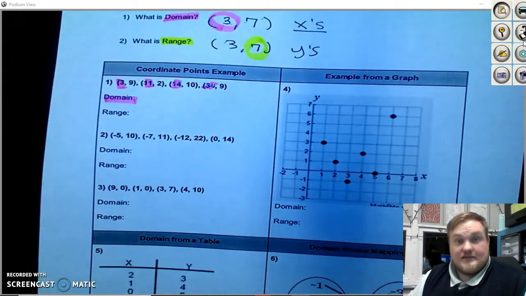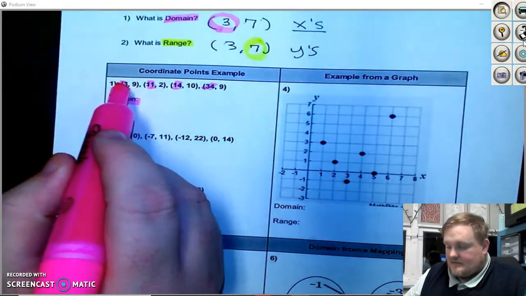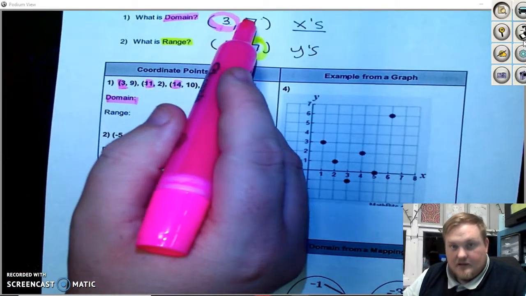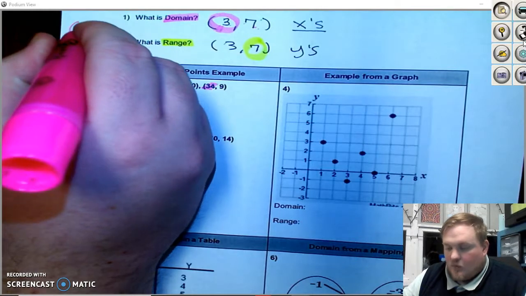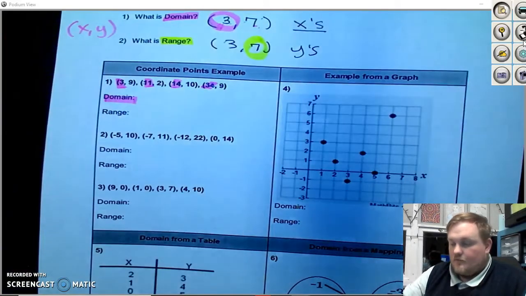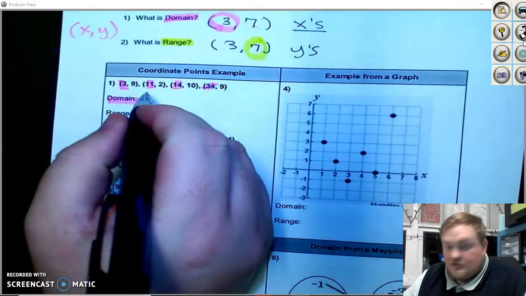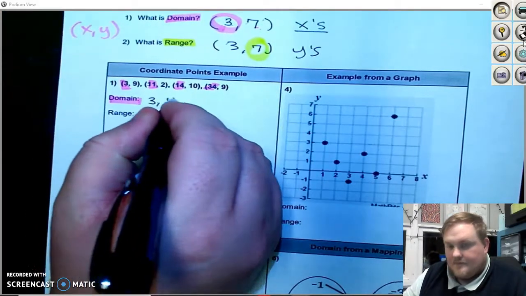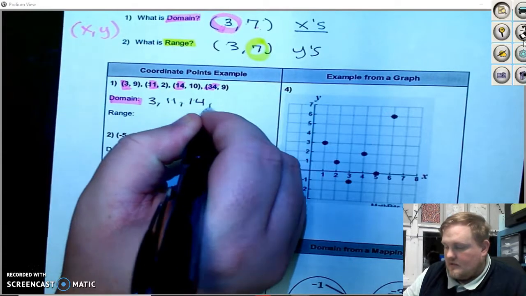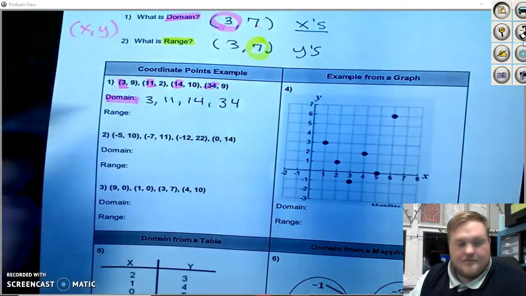Those are all your x's. See? It goes x and y. That's how an ordered pair is set up. You have your x and then you have your y, okay? So for domain, they just want you to be able to identify that. It's 3, 11, 14, and 34, okay?